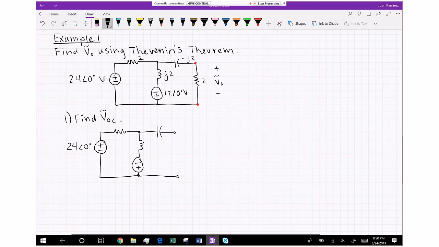To find this open circuit voltage, you remove the load, the 2 ohm resistor, and you look for that voltage across those terminals.